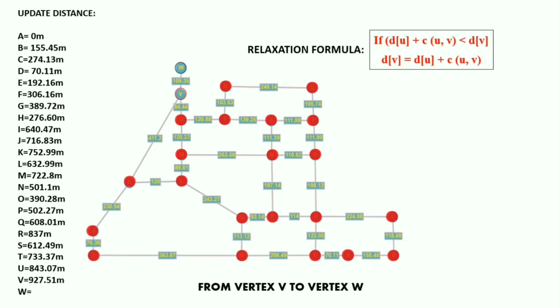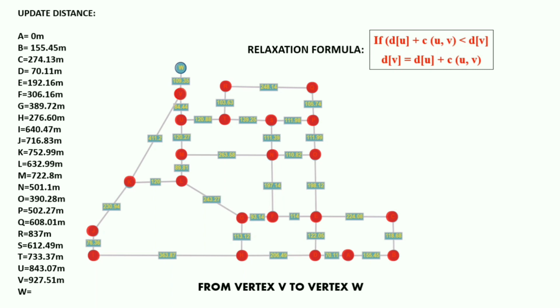Next, if we find the shortest path among 927.51 meter and infinite for the remaining vertex, the shortest path is 927.51 meter. So we pick vertex V. The vertex connected to vertex V is vertex W, but not vertex U and vertex K because we already visit them. We perform relaxation to the connected vertex.